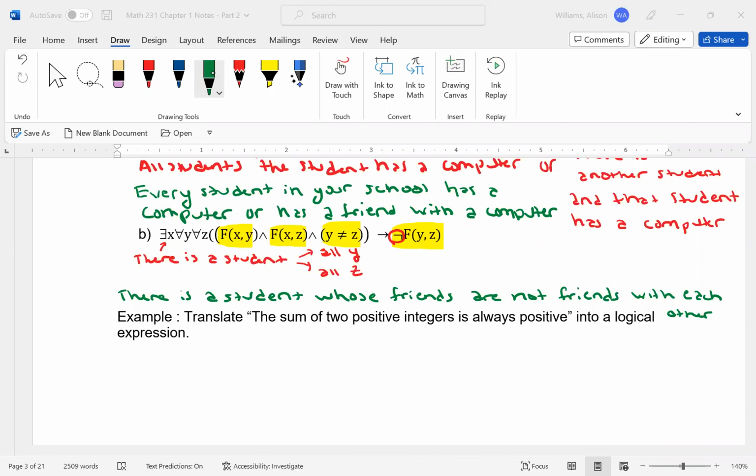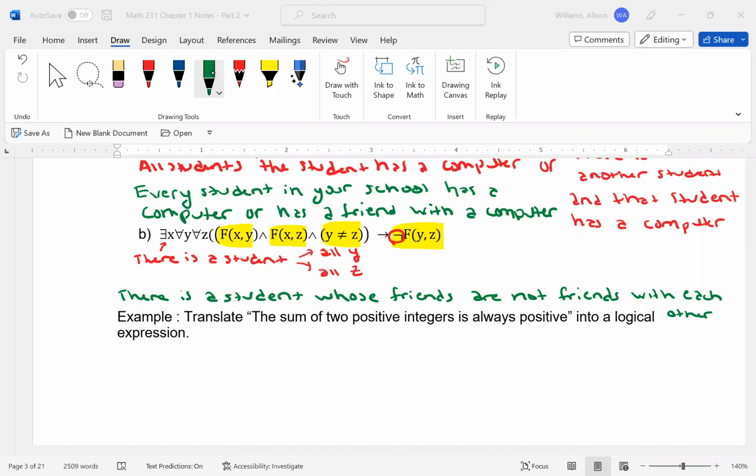So I think we can write this using mathematics and not using the proposition language, the F of x, y's, or P of x, y's, or anything like that. Okay, so let's do this. The sum of two positive integers is always positive.